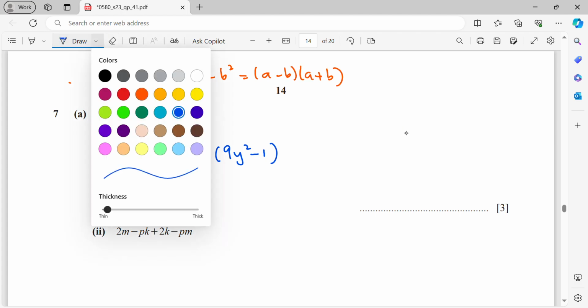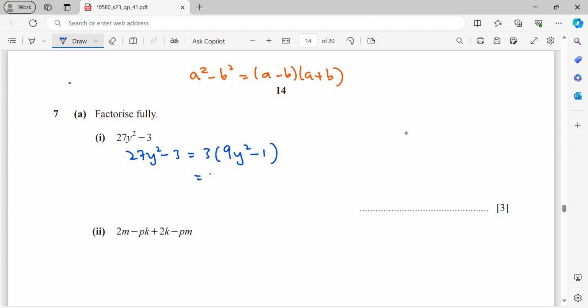To use that formula, I need to change 9y squared to the square of 3y. Then my a becomes 3y, my b is the 1, so this is 1 squared. That means you will be getting 3 bracket 3y minus 1 times 3y plus 1. So that's your factorization.